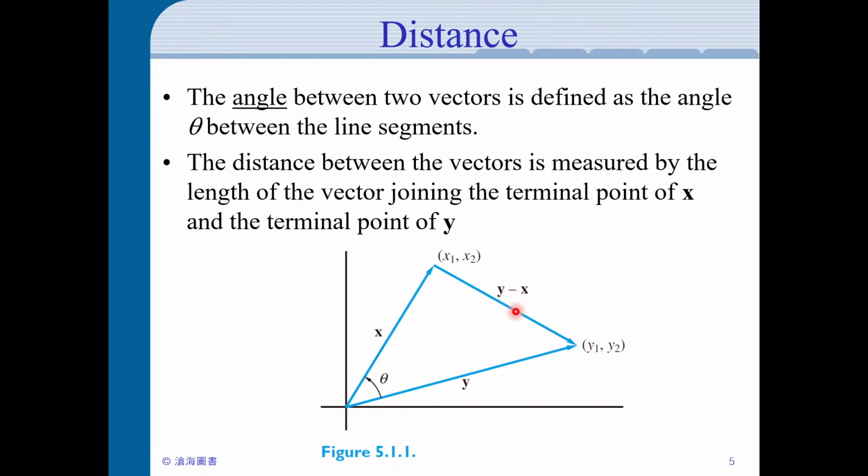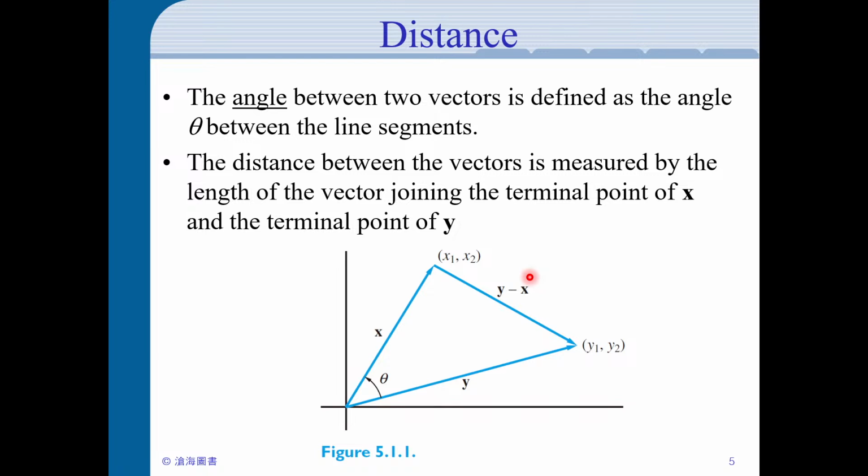I guess this is what you learn in high school, but it's also easy to verify just by geometry in R2 and R3. The x coordinate of this vector should be y1 minus x1, and the y coordinate should be y2 minus x2, etc. So this is y minus x.